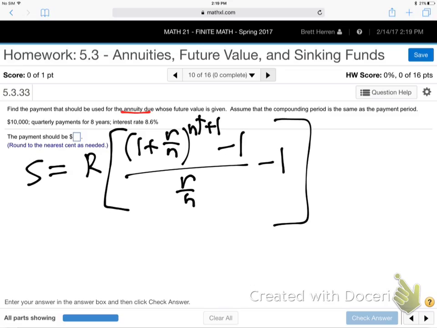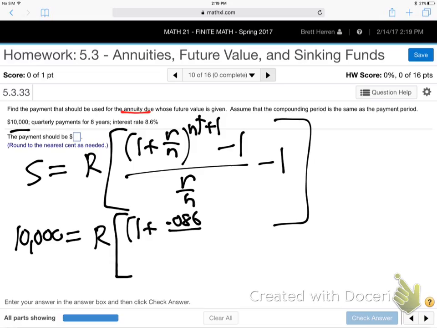So it's going to say, okay, do you want $10,000? You're trying to find the payment. The interest rate is 0.086. Is this every year? Oh, quarterly. So N is 4.